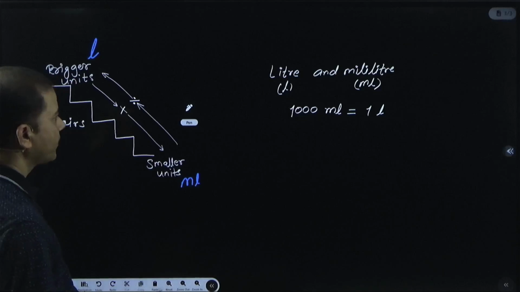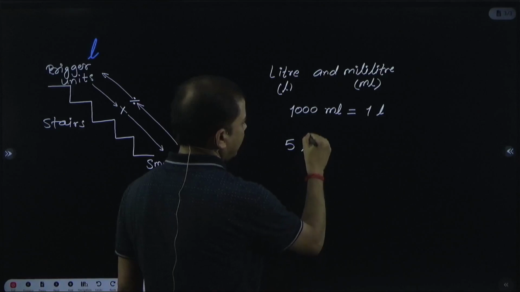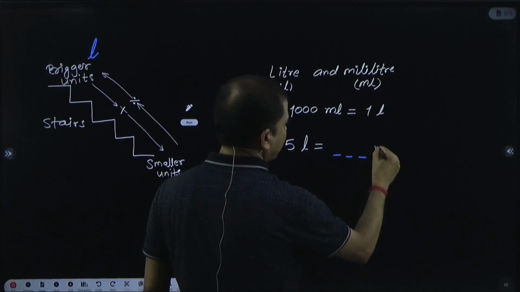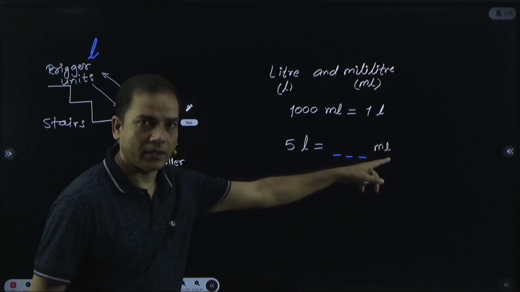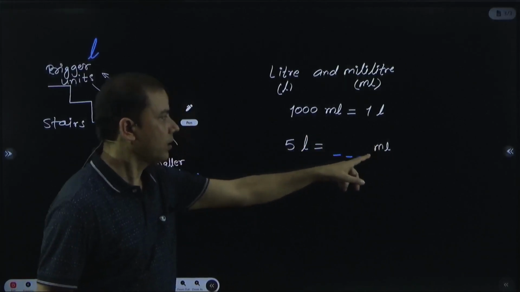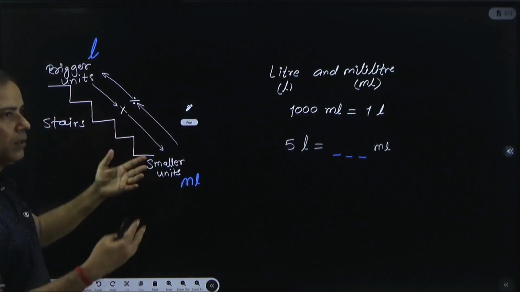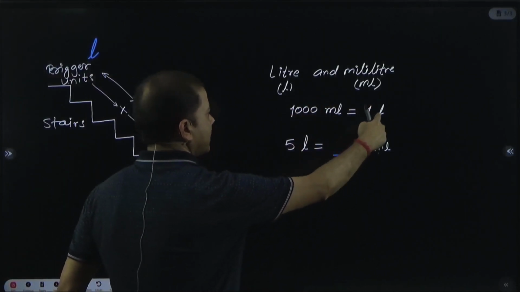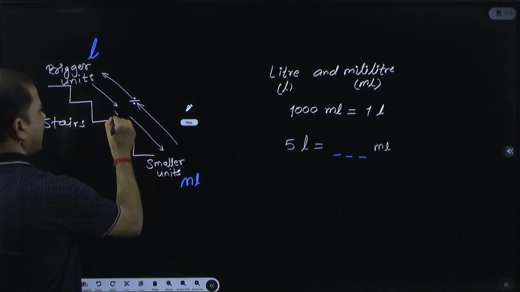Let's take a question. 5 liter, we want to change it to milliliter. Okay, liter to milliliter. Bigger to smaller, we multiply. Multiply by what? The number. What is the number involved in this? 1000. So multiply with 1000.